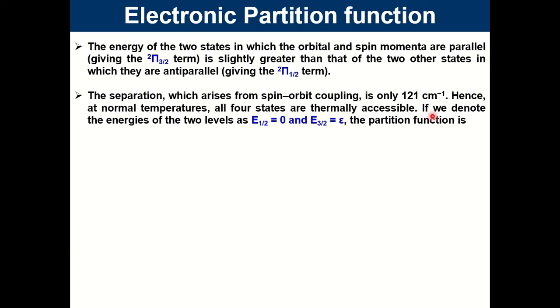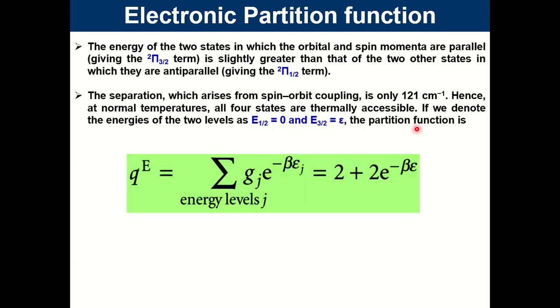So E half is 0, and we have 2 energy levels and label them. For the first one, the ground state, we take it as 0, and then we assign E3 by 2 as epsilon.